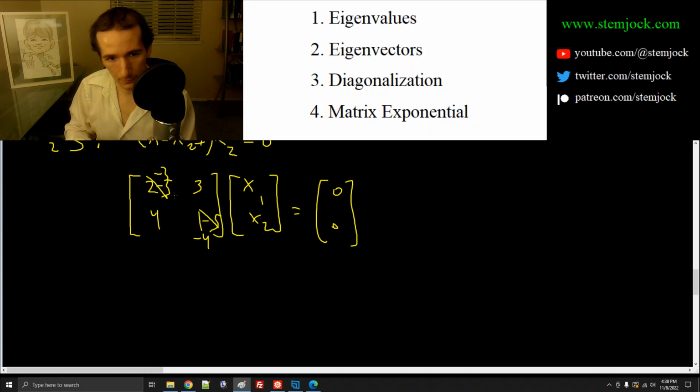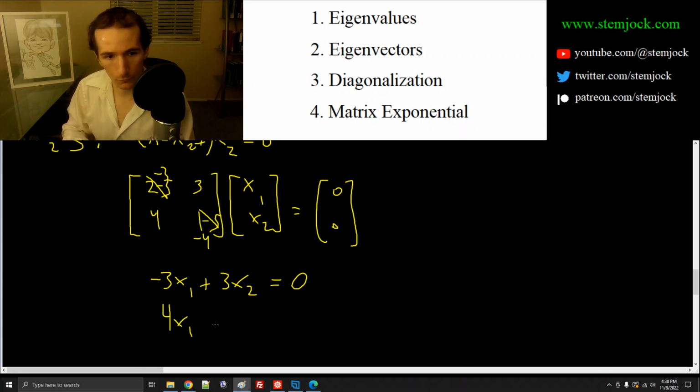And if I multiply these two matrices together, I get negative 3x1 plus 3x2 equals 0 on the top. And for the bottom, 4 times x1, that's 4x1, plus negative 4 times x2 equals 0 on the bottom.